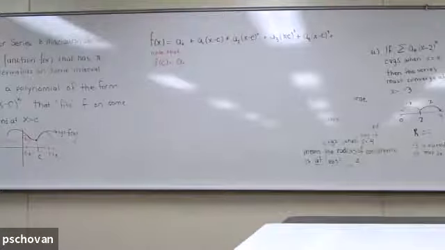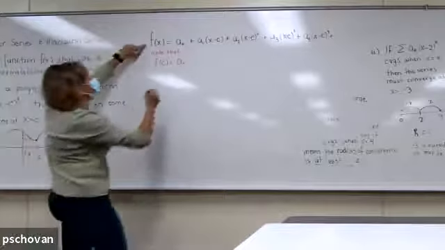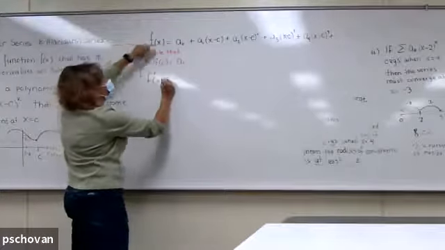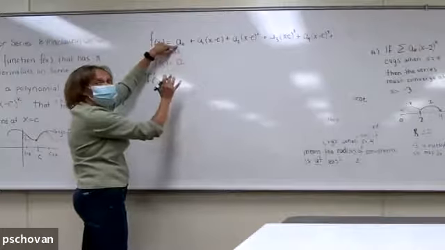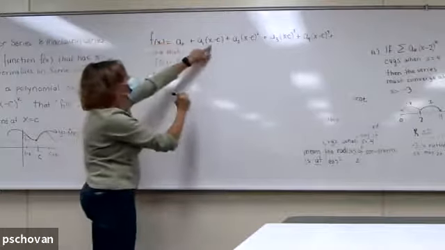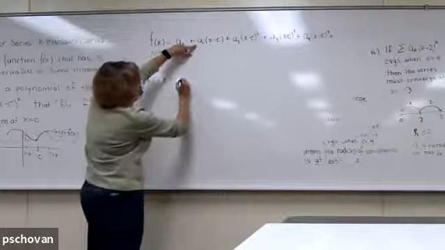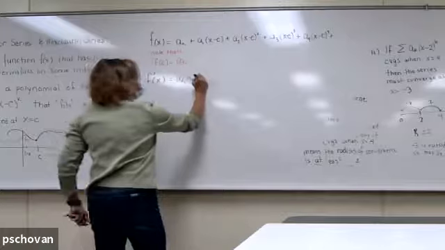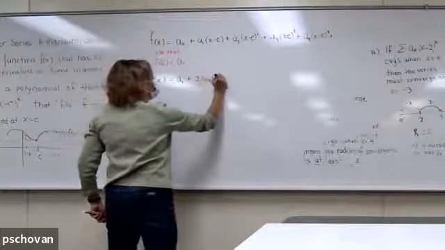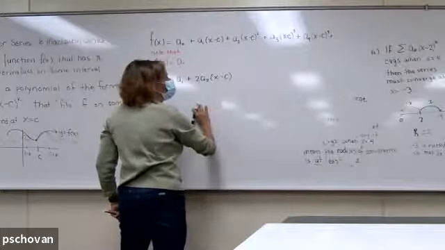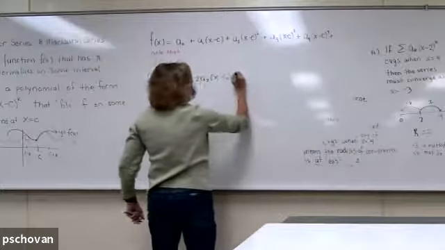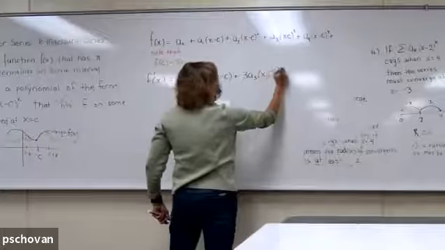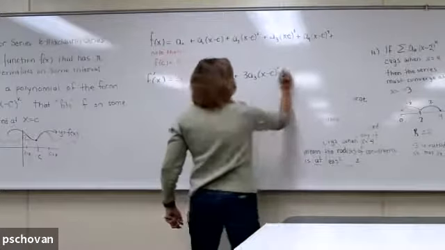Now I'm going to take the derivative. The derivative of this thing here is 0, because that's a constant. The derivative of this is 1, so I get a1. The derivative of this is 2 times a2 times (x minus c) to the first power. The derivative here is 3 times a3 (x minus c) squared.